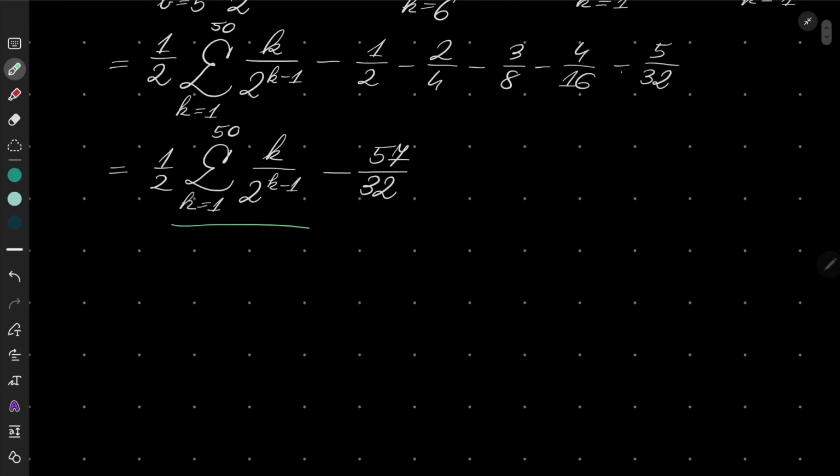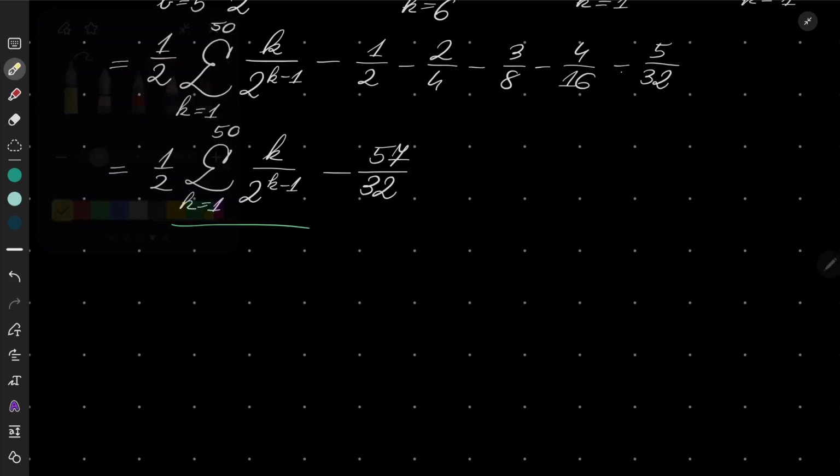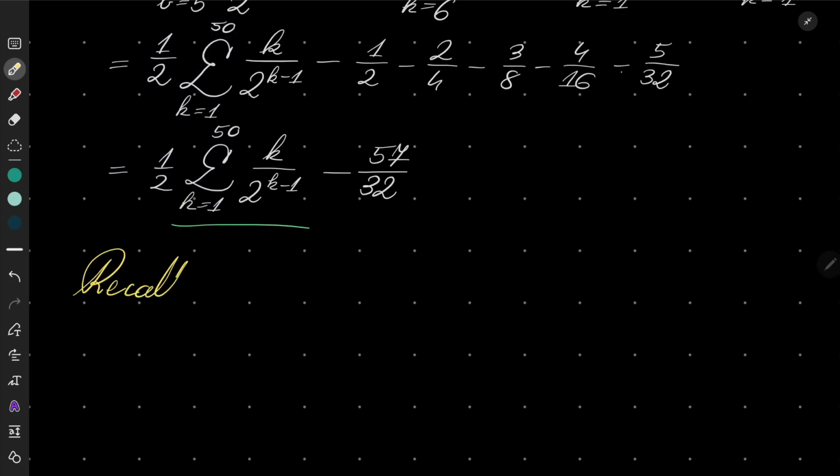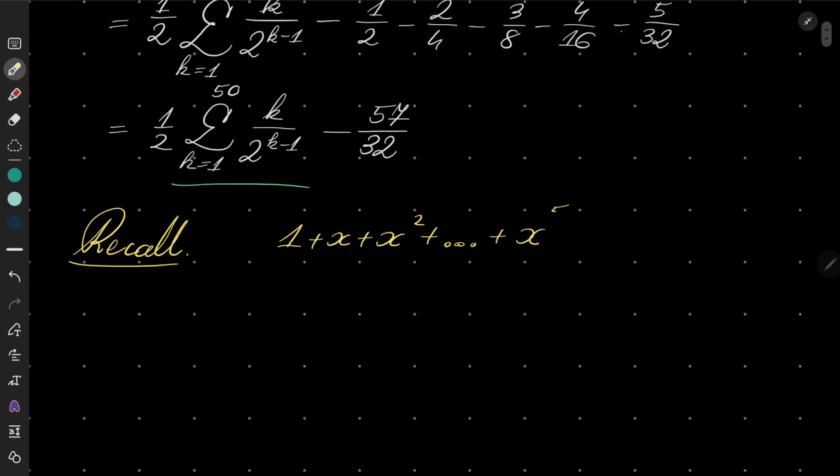Now, the real challenge is to evaluate this sum. There are many ways. If you know indefinite summation, which is nicely covered in the Concrete Mathematics textbook, for example, it can be used. You can also use induction, but my favorite method for computing these types of sums is the following. Recall that 1 plus x plus x squared and so on up to x to the power of 50 is (1 minus x to the power 51) over (1 minus x).